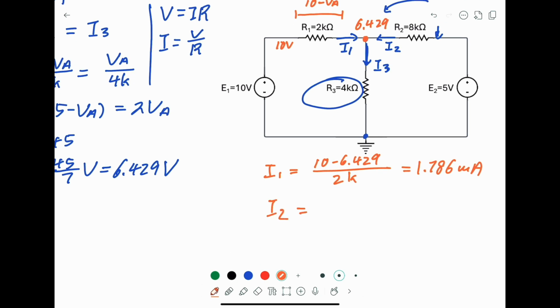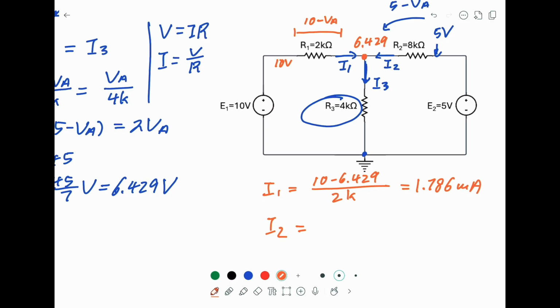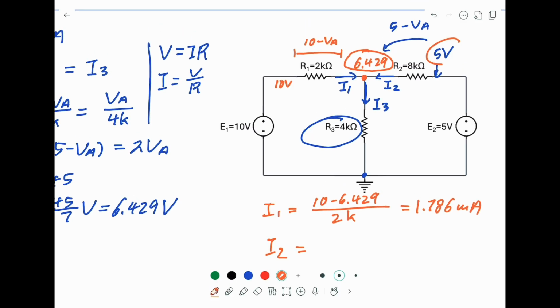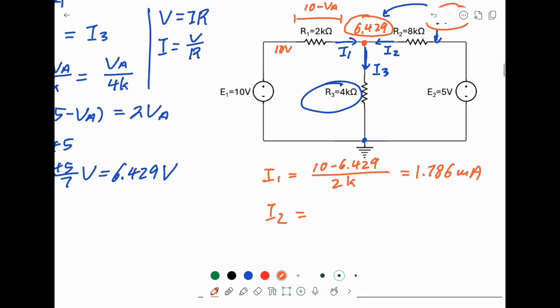I2 equal to, now this is interesting, the voltage at VA is 6.429, so it's actually higher than 5 volt on the other side. So I2 should be reversed. So let's reverse it ourselves.